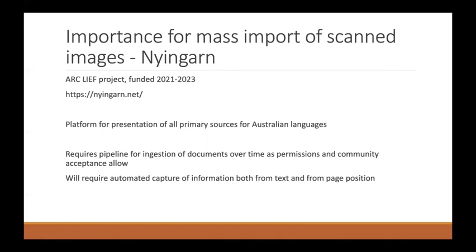And of course, as you can imagine, the sort of technology that you've just heard about in ALTO XML will be really useful for putting the documents up with text and then doing things like creating PDFs with text and extracting information from the page automatically.